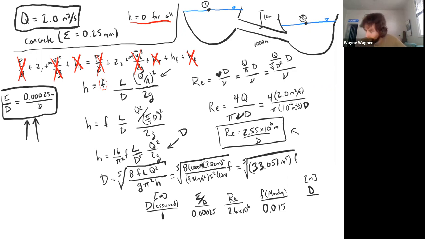So let's see here. 0.015 times 33.051, probably excess sig figs there. So 0.495 to the 0.2 power equals 0.869. Very nice. 0.86907, whatever. Okay, so then we'll do it again.